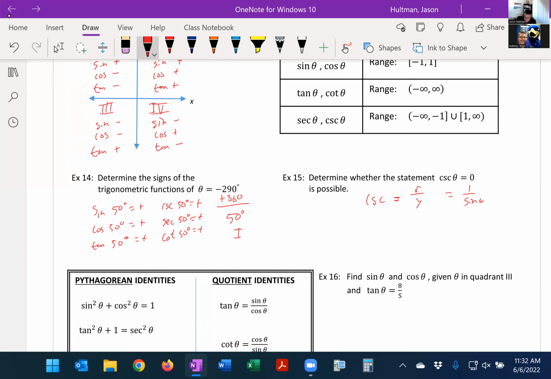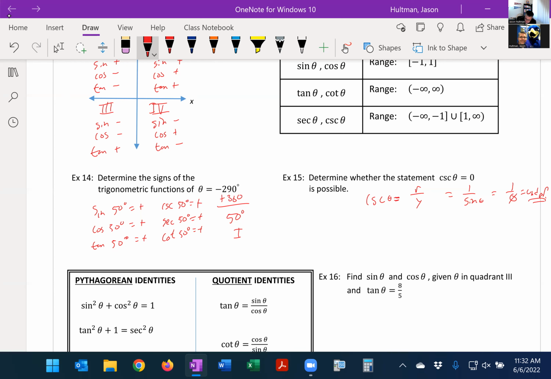So the only way that I could get the cosecant of theta to be 0 would be to make the sine 0, because it's 1 over the sine value. However, if I let the sine be 0, then this is not 0. It's actually undefined. And so there's actually no way to get this to be 0.